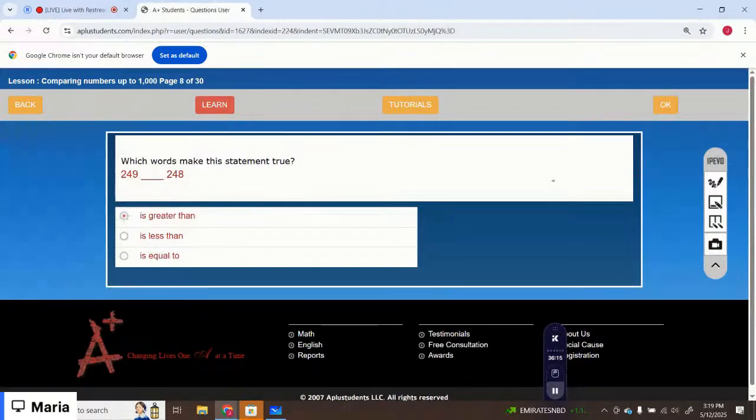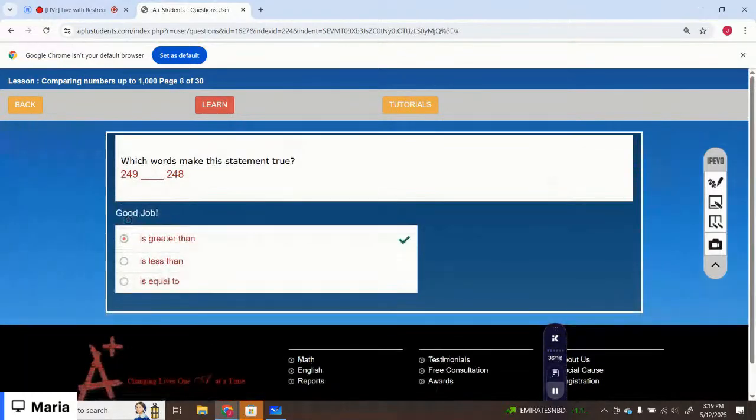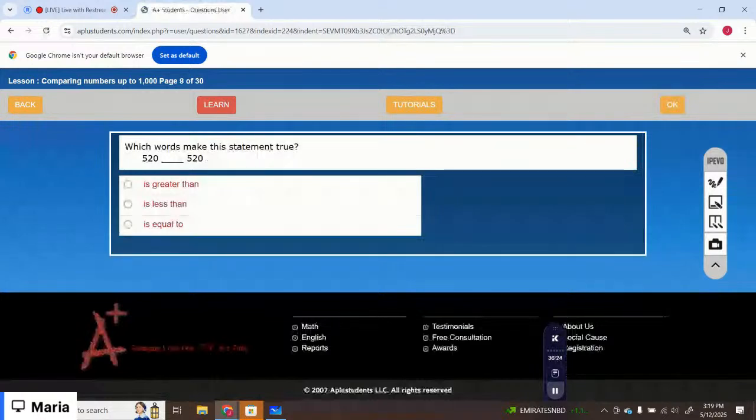Option number 1 is the correct option. Which words make the statement true, 520 is equal to 520? Option number 3 is the correct option.